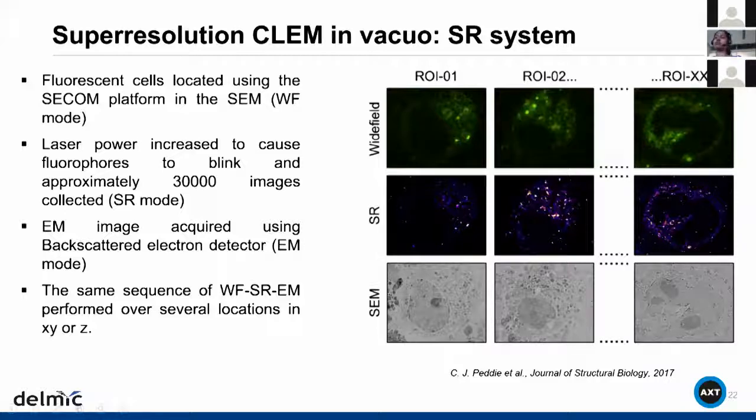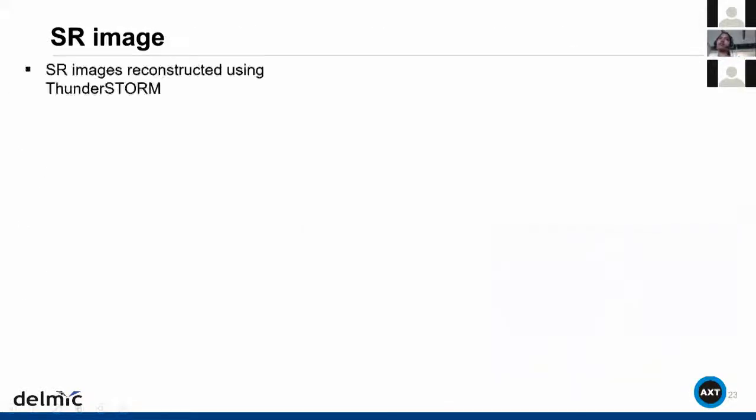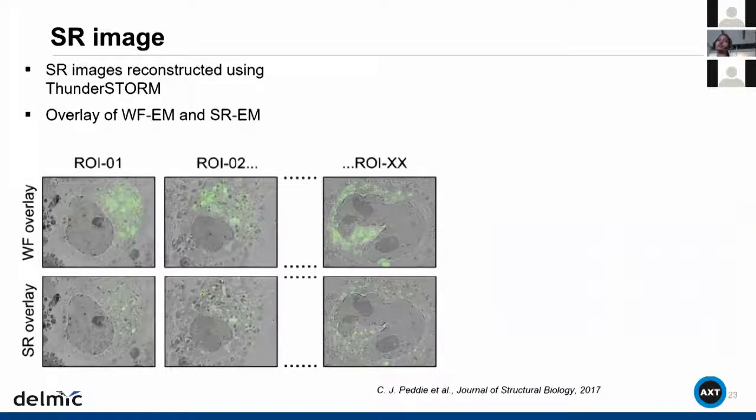And the bottom row is the scanning electron microscope image corresponding to this. The super resolution images are then reconstructed using Thunderstorm, which is a software, and overlaid. So there is the overlay of the wide field, EM and super resolution, EM that you see here. Again, it is a tile of images.